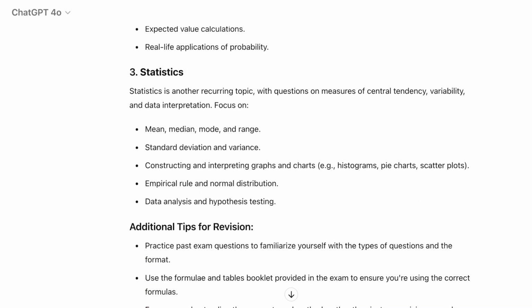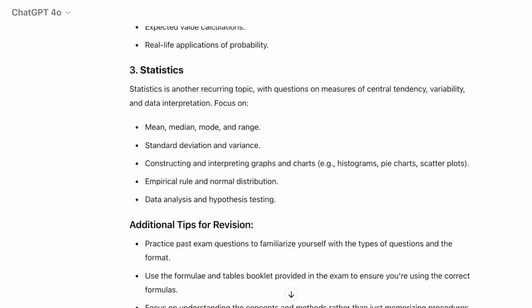Number 3, Statistics. Statistics is another recurring topic with questions on measures of central tendency, variability, and data interpretation. Focus on mean, median, mode, and range, standard deviation and variance, constructing and interpreting graphs and charts, e.g. histograms, pie charts, scatter plots, empirical rule and normal distribution, data analysis and hypothesis testing.